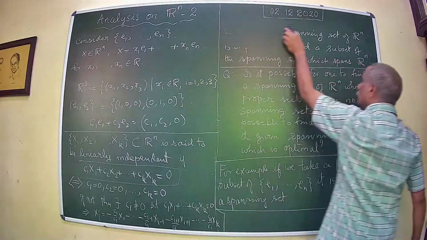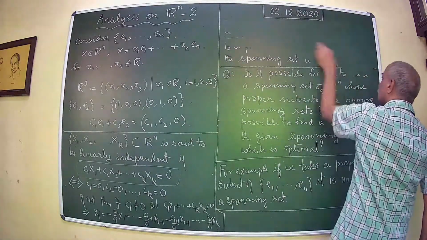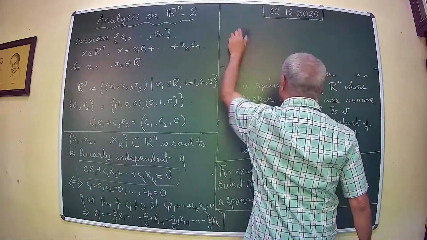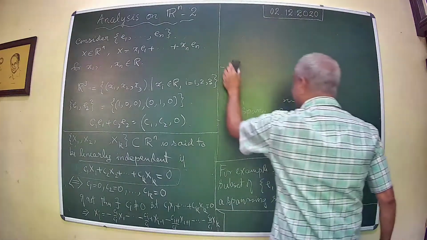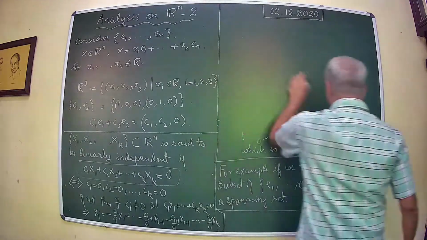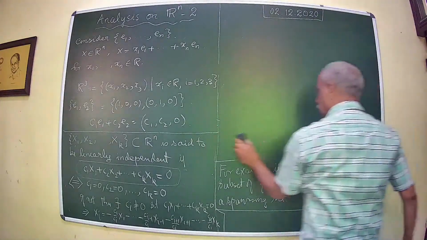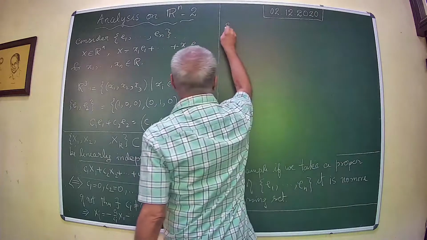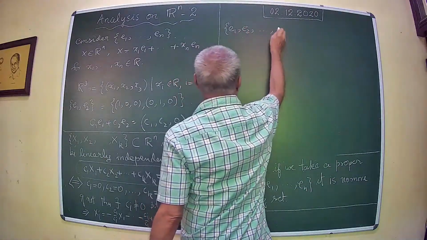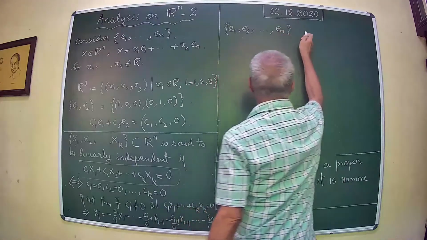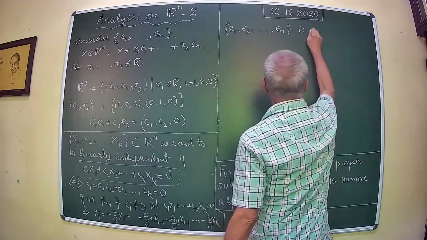So what we are looking for is such a set, and also such a set that spans the whole space, both these properties together. So you see that the collection e1, ..., en is linearly independent.